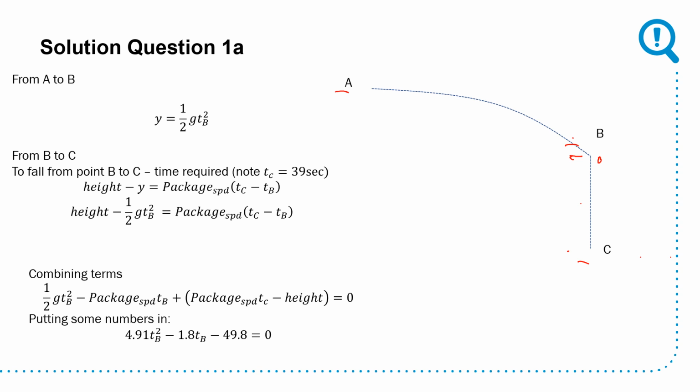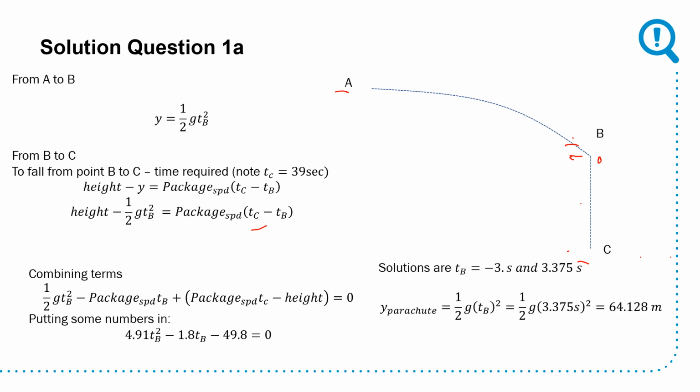So you have one equation to give you everything. You end up with an expression that looks like 1/2 g t_B squared minus the package speed times t_B plus the package speed times t_C minus the height is equal to 0. Putting some numbers in, you know everything right there, and that's it.